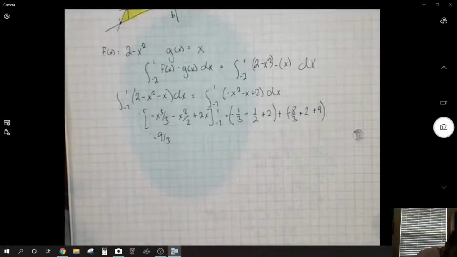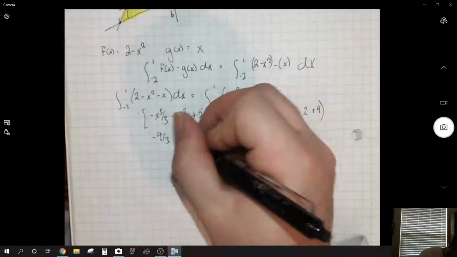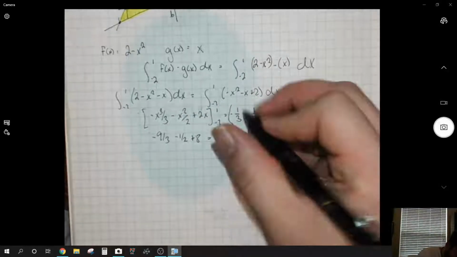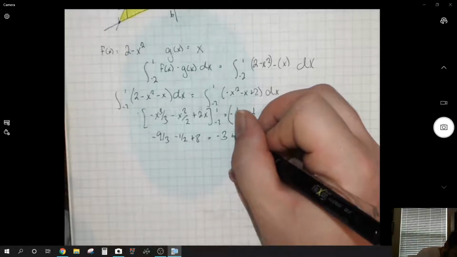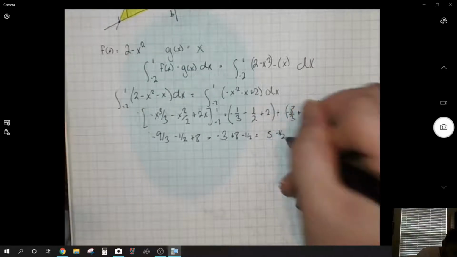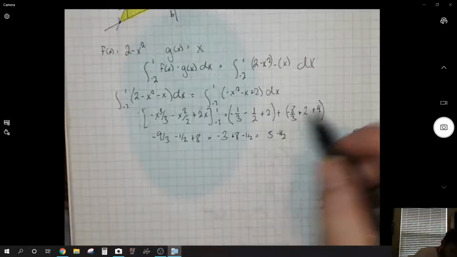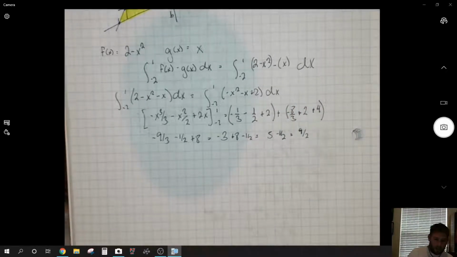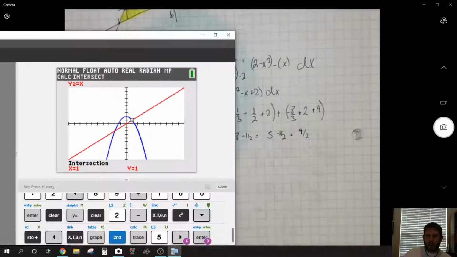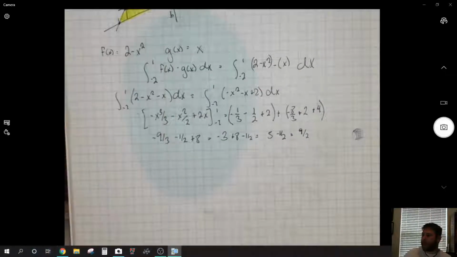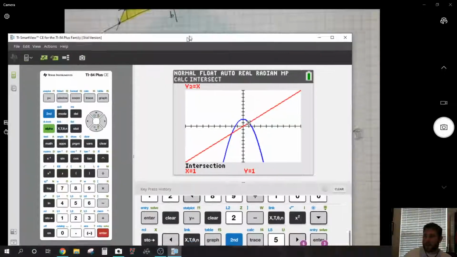Then 2, 2, and 4, that's 8. I also have this half here, minus half plus 8. So that becomes negative 3 plus 8 minus half, which is 5 minus half, which is then 9/2. So if we were to find the area between these two curves, this little shaded region right here, it would be 9/2 units.